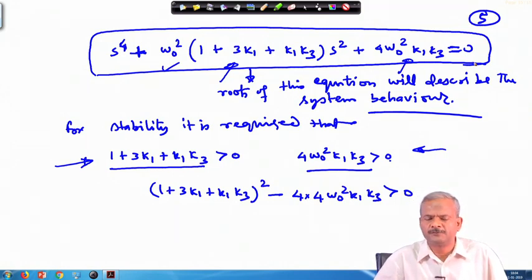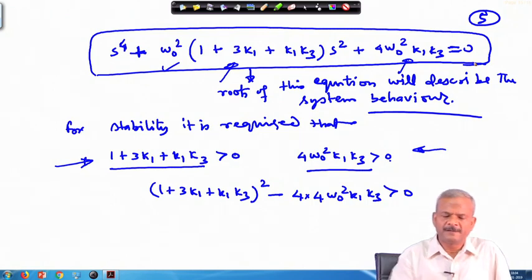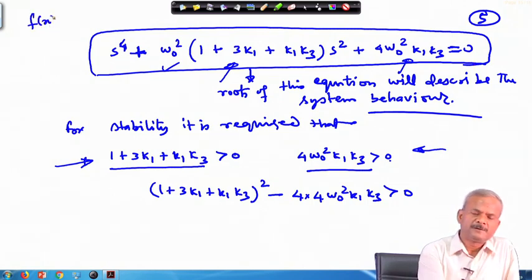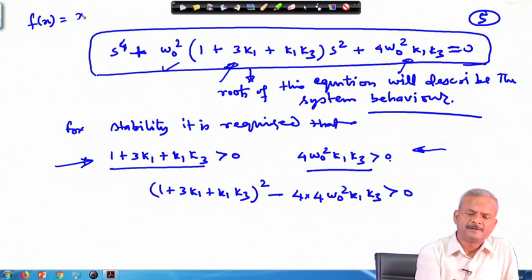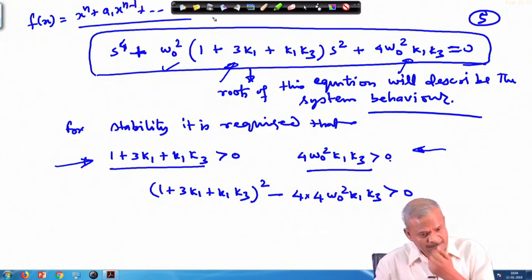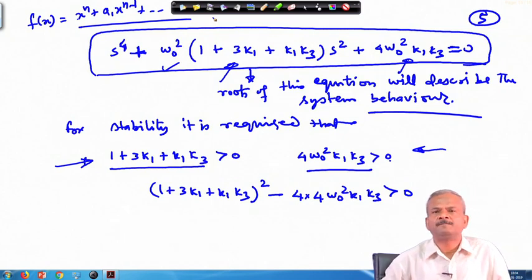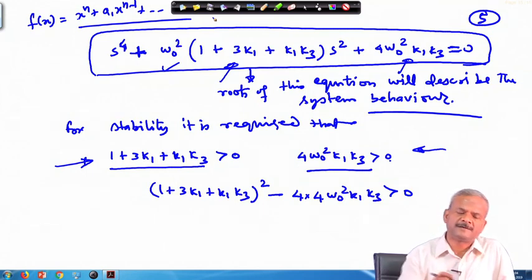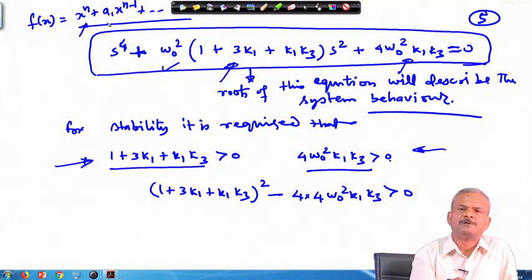From the Descartes rule, you know that in any polynomial, say the polynomial is f of x, written as x to the power n plus a 1 times x to the power n minus 1 and so on, the nth order polynomial, the number of roots in the right half complex plane is bounded by the number of sign changes in the coefficients of this polynomial.